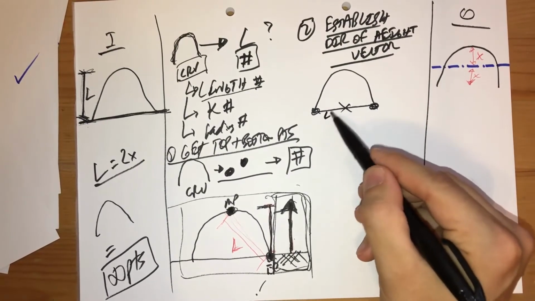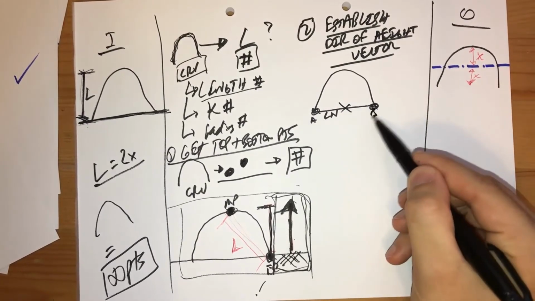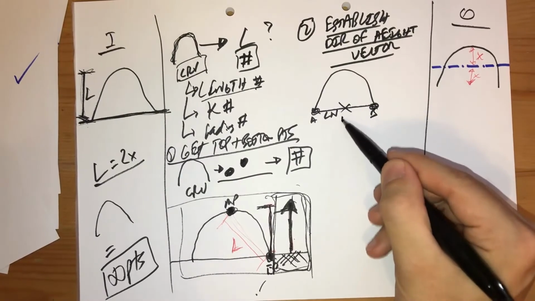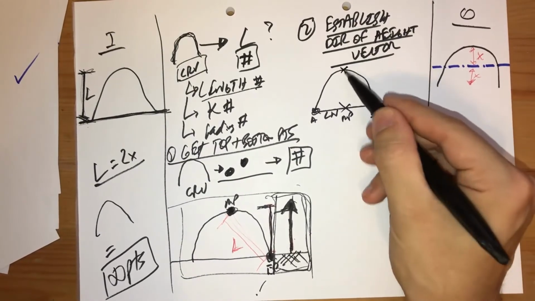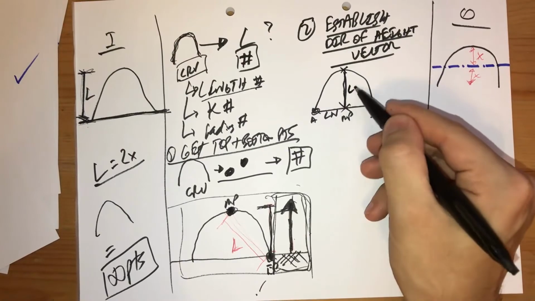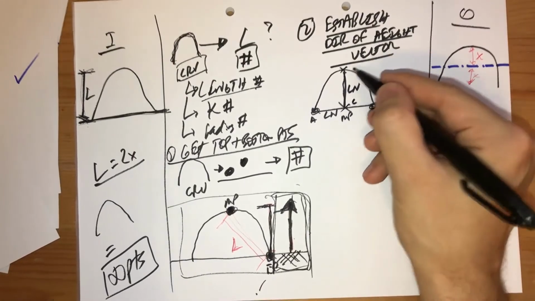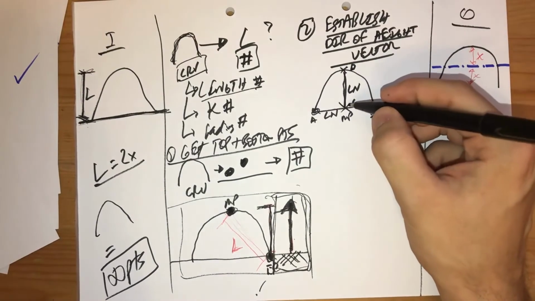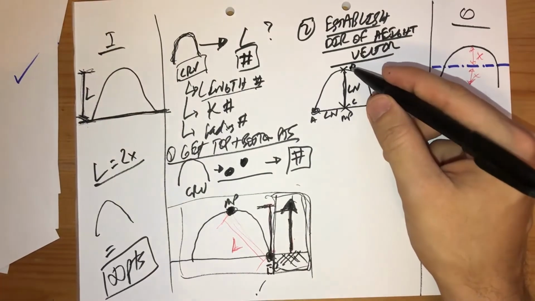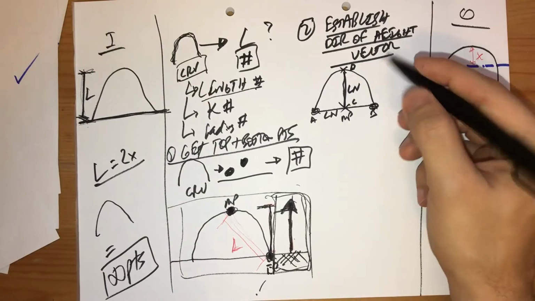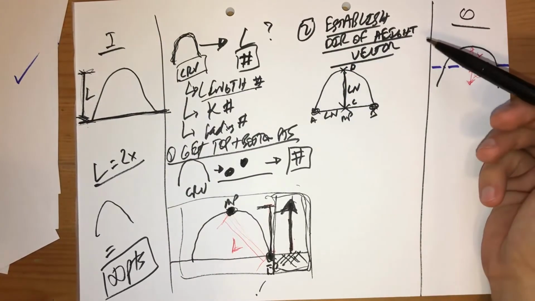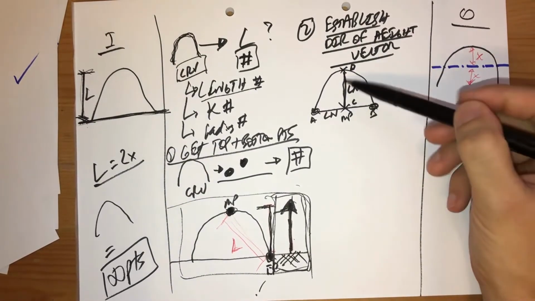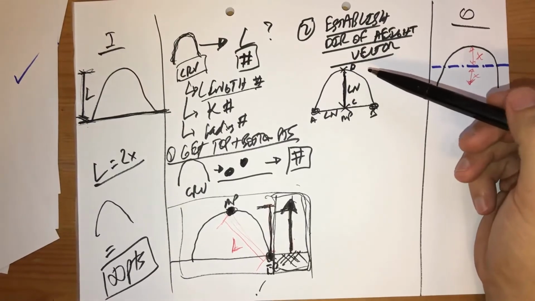Let's create this line from A to B, which are the endpoints. Let's get the midpoint of this curve, and let's create a line from C to D, and that line represents that vector. So we would know right then and there that not only is it the establishment of the direction of the height vector, but it's also the length, right?